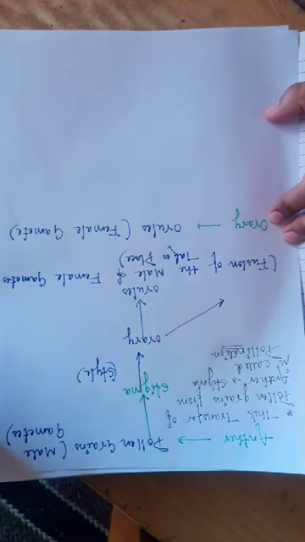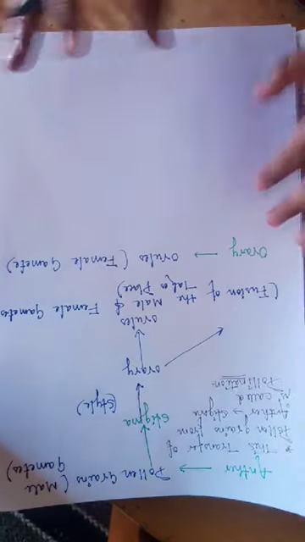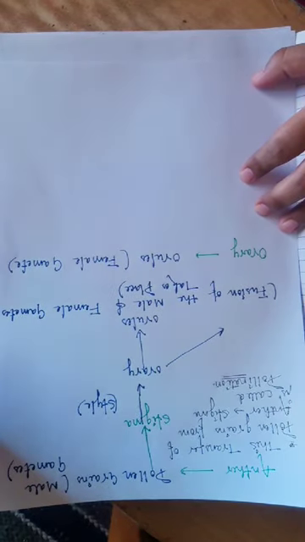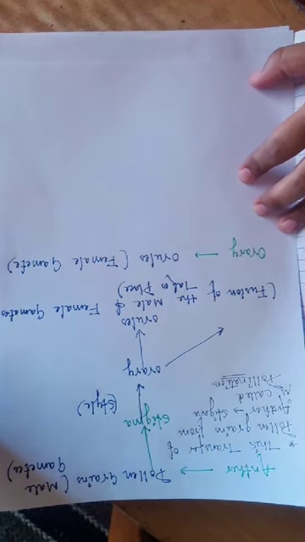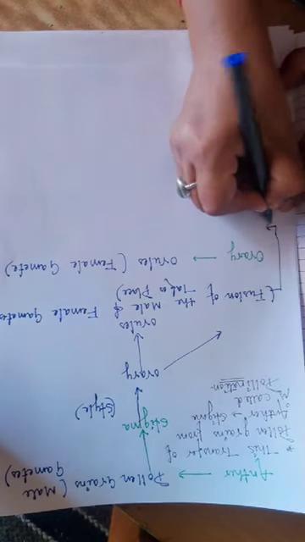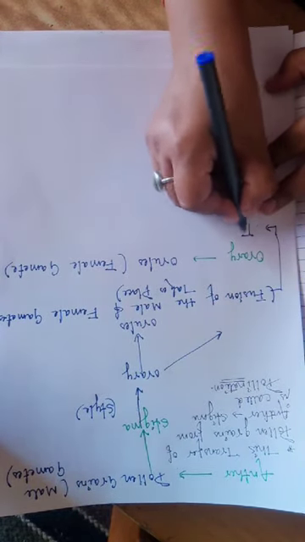Alright, so after the male and the female gametes have fused with each other in the ovary, fertilization takes place.